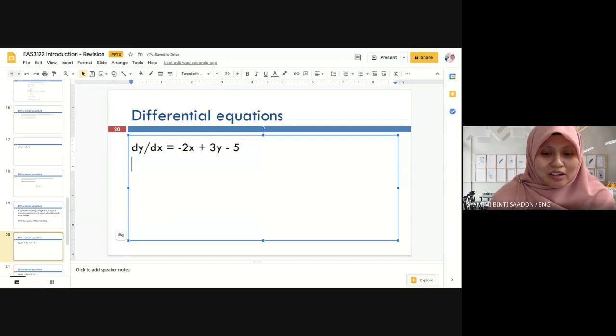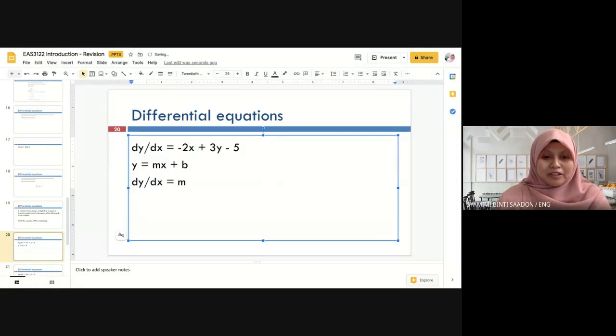I take for example, y equals to mx plus b, a straight line. Okay, so if we derive dy/dx, we have m. And then, okay, if we substitute this derivation, m equals to, because dy/dx, so m equals to minus 2x plus 3y minus 5.